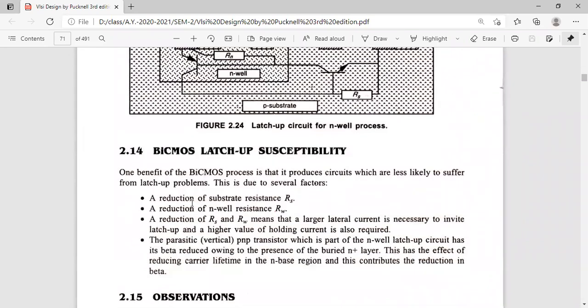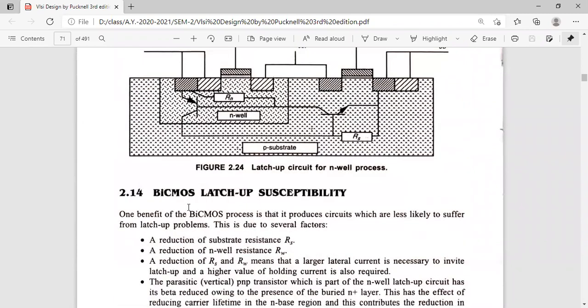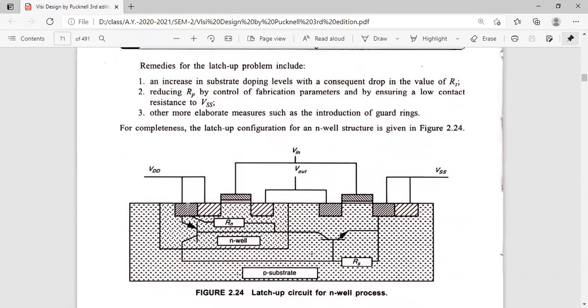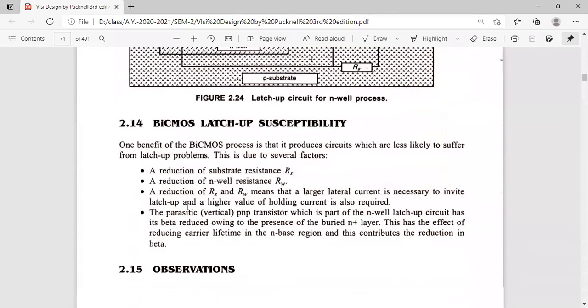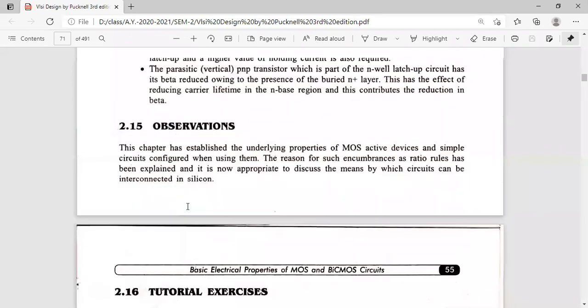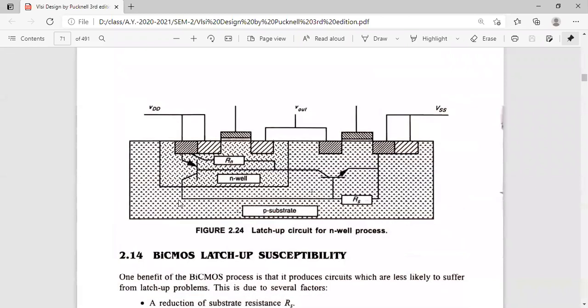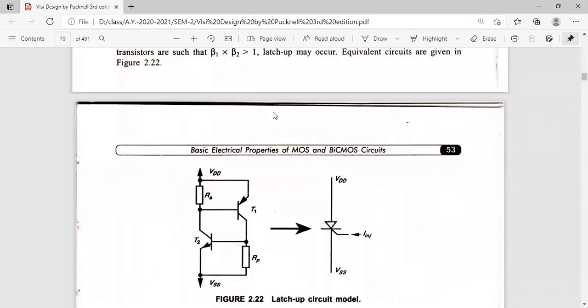We discussed only MOSFETs regarding latch up and the circuit models, not BiCMOS latch up susceptibilities and others, which are not required in our syllabus. They are also similar in fashion only. So by that we can end the first unit.